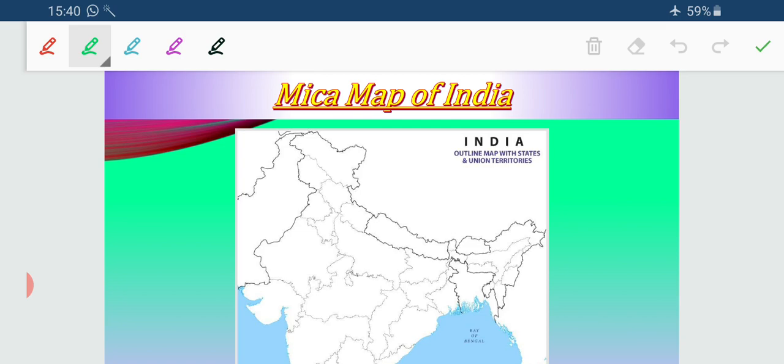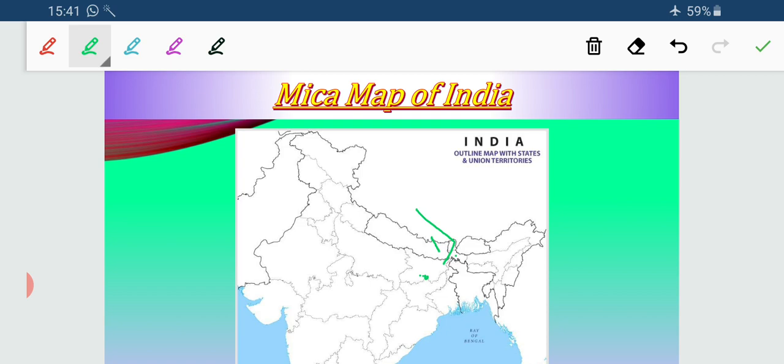mica distributing area is there in Bihar. Number 1, it is there in Bihar. That is number 1. And the name is Gaya.